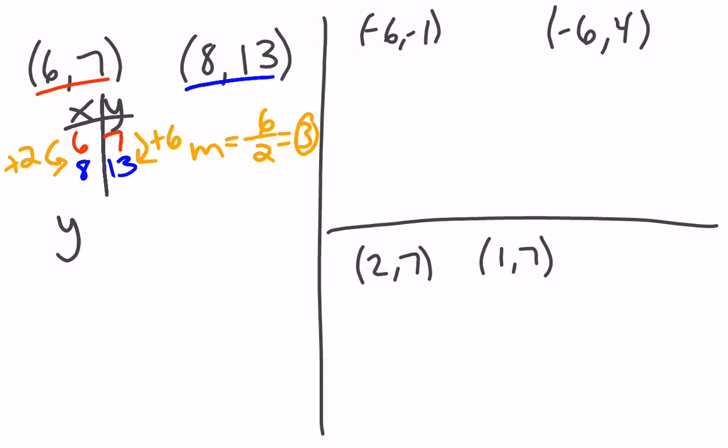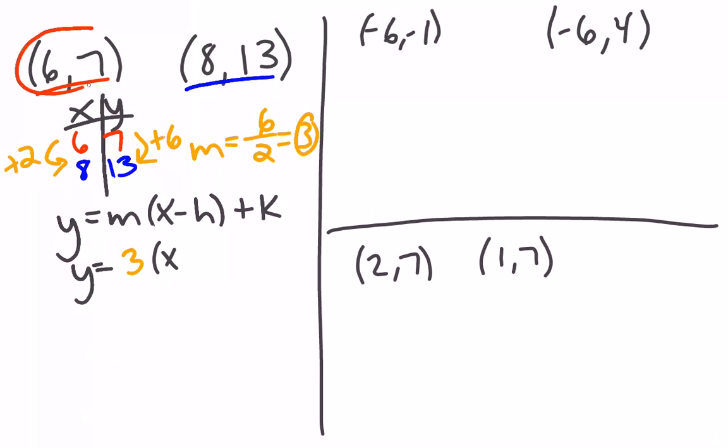So I'm going to use my formula, y equals m(x minus h) plus k. So y equals, the slope I just found was 3, x. And I'm going to go with the one with tinier numbers, so I'm going to go with the 6 and the 7. So that's going to be my h and my k. My minus means opposite, so the opposite of +6 is -6.